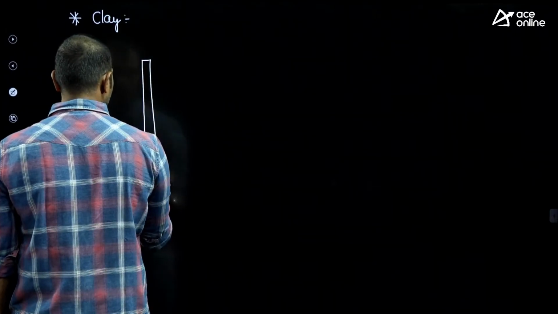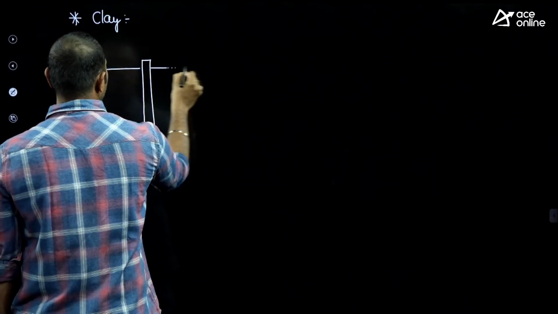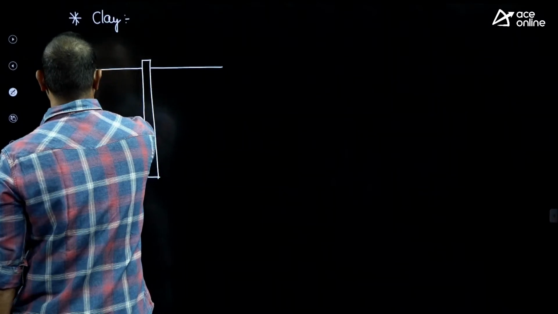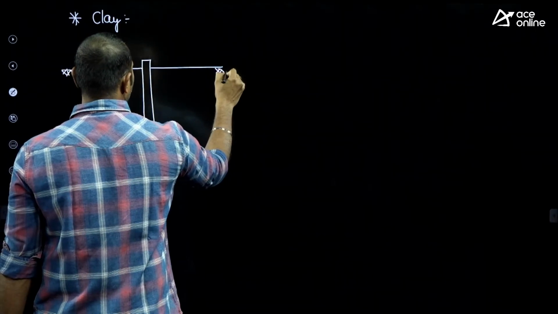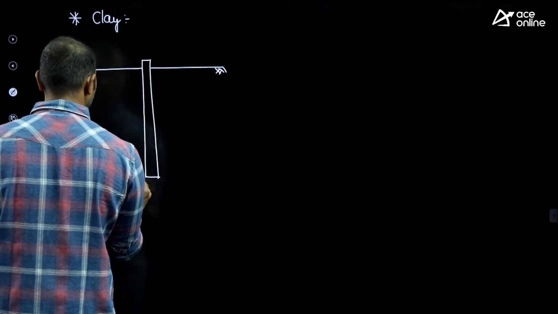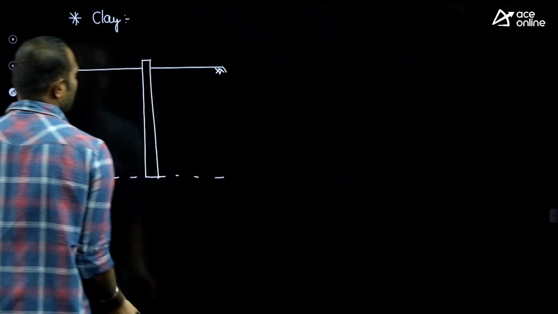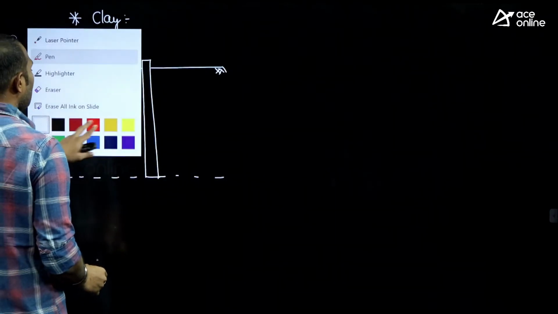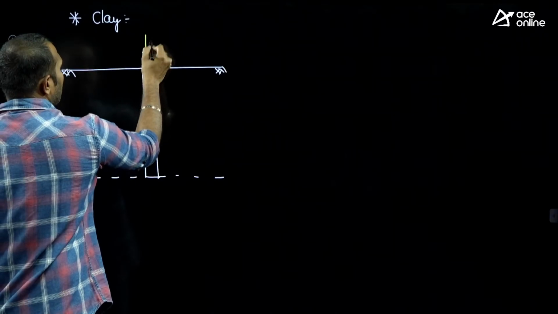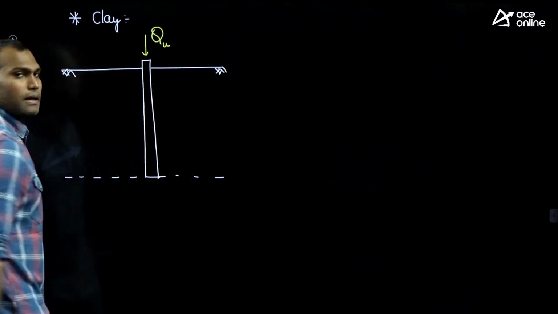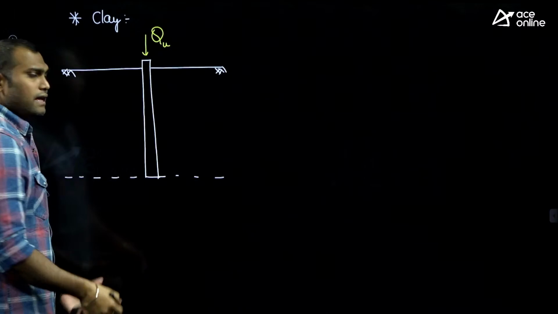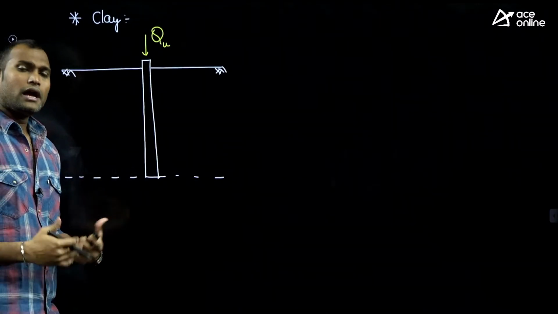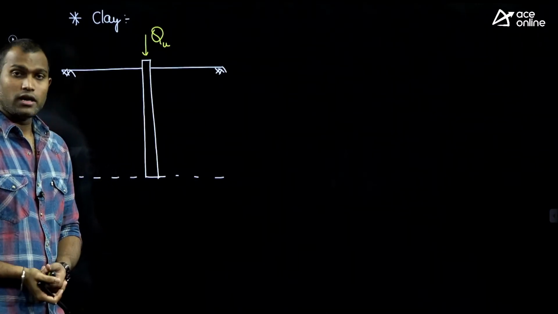Let's say this is the pile, and the pile is being installed into a soil, and I need to find out the ultimate load carrying capacity. The clay can be a homogeneous soil or it can be an anisotropic soil also.